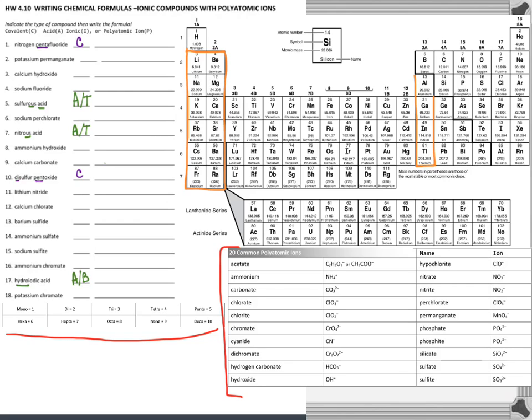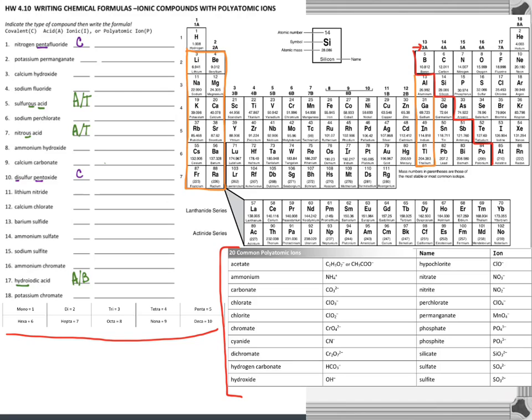I'm going to draw that zigzag line in a different color so it's a little more obvious to us. Again, ionic compounds will be composed of a metal and a non-metal, which is to the right of the zigzag line.